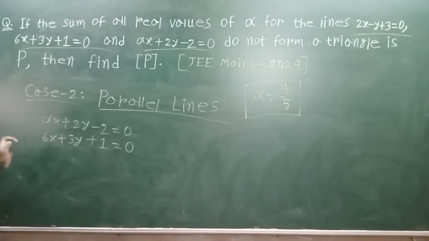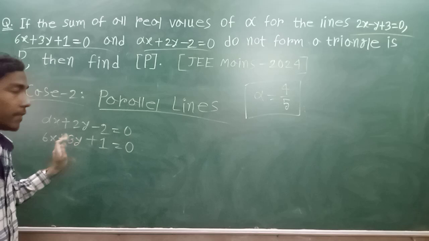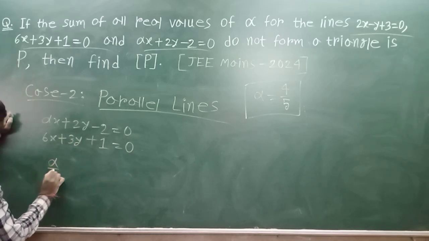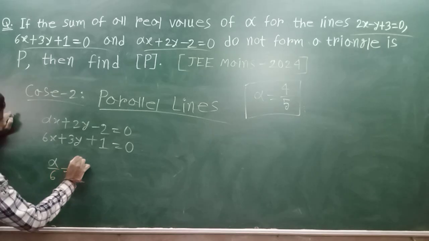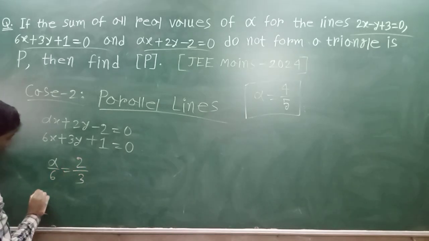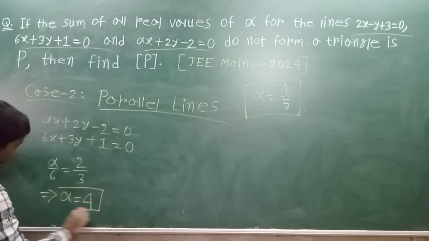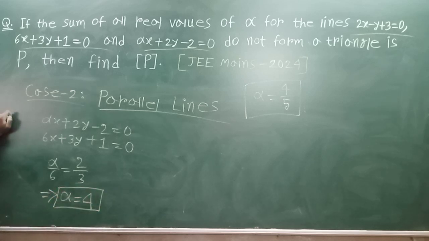If these two lines are parallel, then their coefficients of x and y will be proportional. So we can write alpha by 6 is equal to 2 by 3, which implies alpha is equal to plus 4. This is one possible condition.